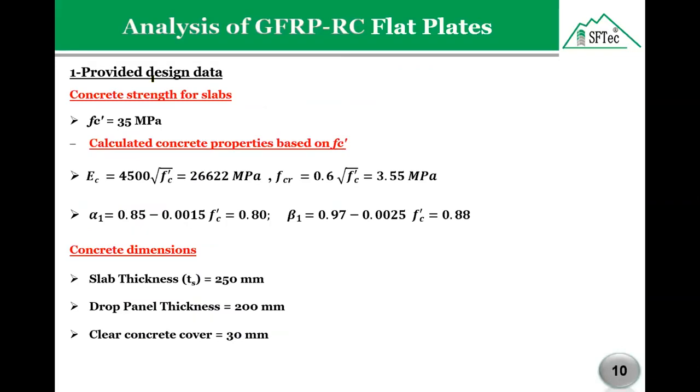Actually, we received some data. We have given data for this slab. So the concrete strength for the slabs equals 35 MPa. Based on the concrete strength, I'm going to calculate the concrete properties, like the elastic modulus of concrete, Ec. Ec, according to the Canadian standard A23.3, equals 4,500 times the square root of f'c.